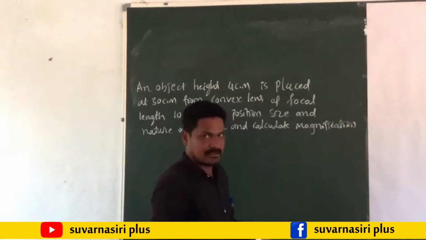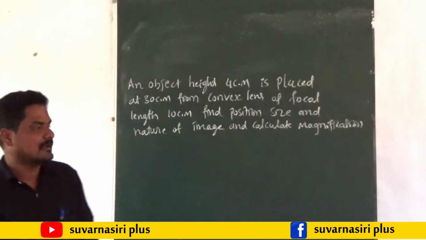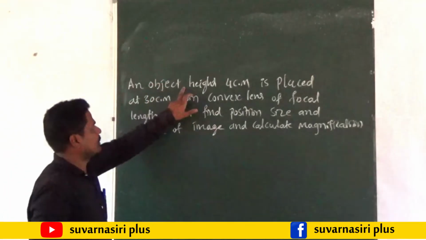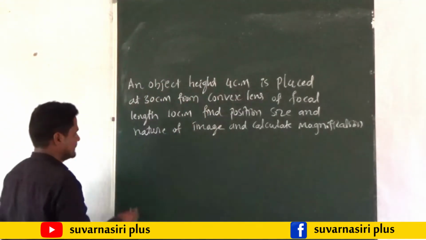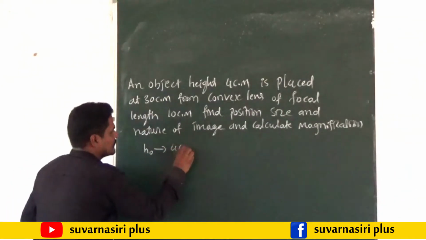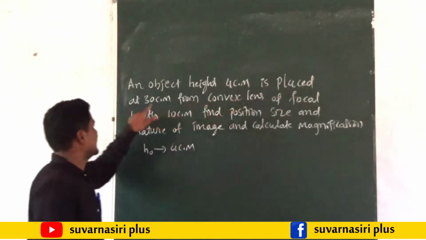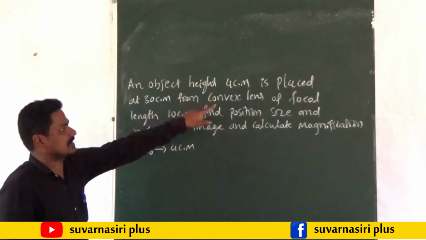Okay, so here one problem can give a solution for everything. What is given? The height of the object is given. It is 4 centimeter, and it is placed at 30 centimeter from the convex lens.